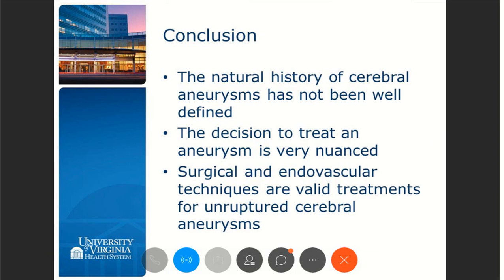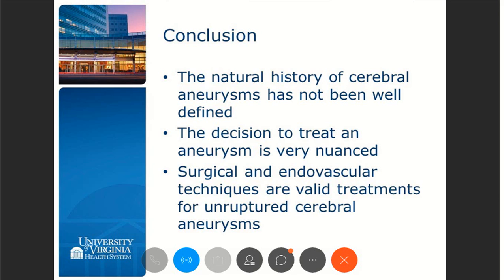And in conclusion, again, as we said, we talk about the natural history of cerebral aneurysms, but it's largely based upon data sets which have inherent issues and biases. So if you try to determine the true natural history of unruptured aneurysms, the answer is we don't know.